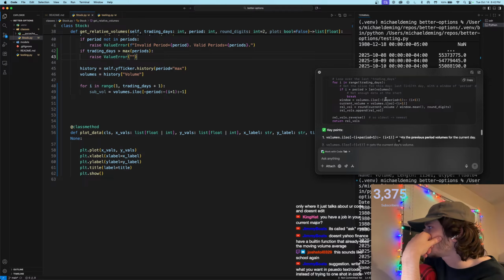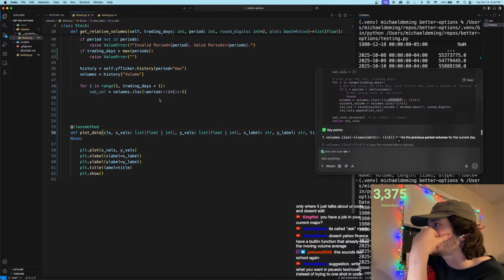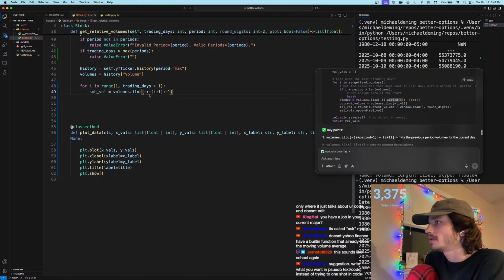Right, yeah. So the i increases and that goes down. So it'd be period plus 1 plus i. Okay, so you don't put the period here. We were kind of close. i plus 1 plus period here.